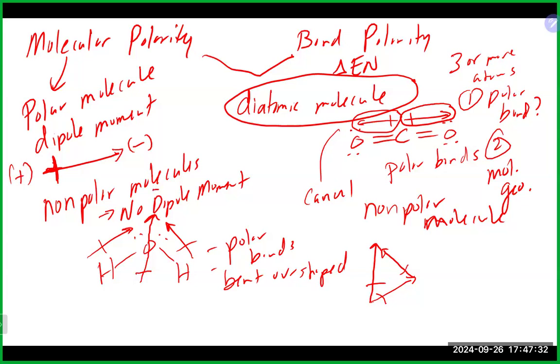As we talked about last time, the oxygen part is going to be more negative in water. The hydrogen part of water is going to be more positive. And this would be its dipole moment I drew right there through the center. And this would be a polar molecule.